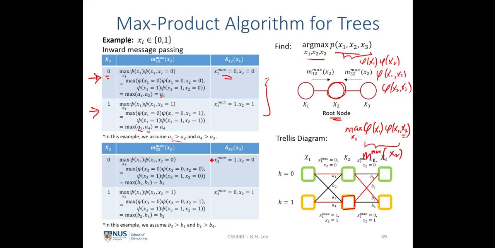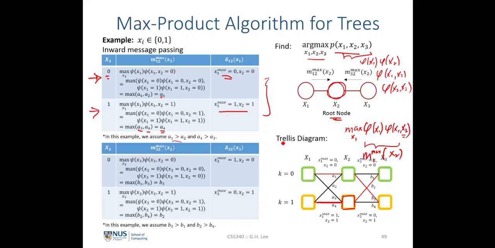Suppose that a4 is the larger number between the two. This means I'm selecting this path to give rise to the maximal value, the max over x1. I'm going to record this path as x1 max equals the state of 1 when x2 is 1.